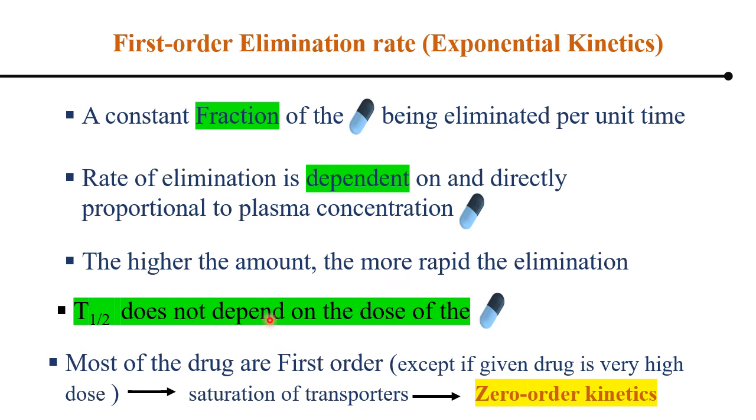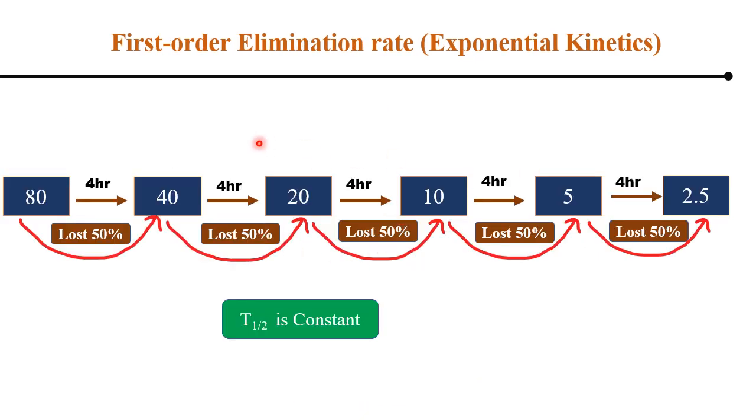And t half doesn't depend on the dose of the drug. We can see with this example. You can see here first t half. What is t half or half-life? Half-life of a drug is defined as the time taken for the plasma concentration of the drug to be reduced by half.